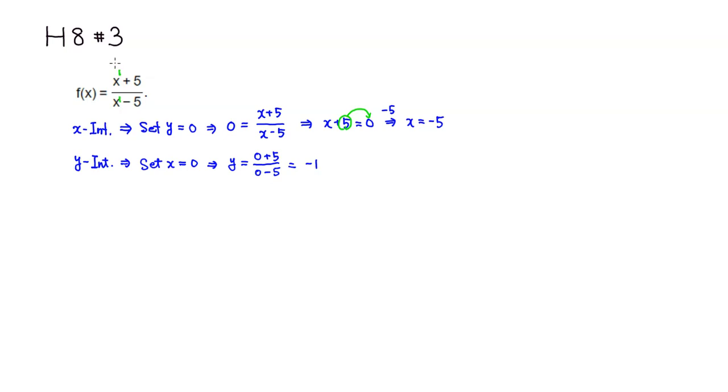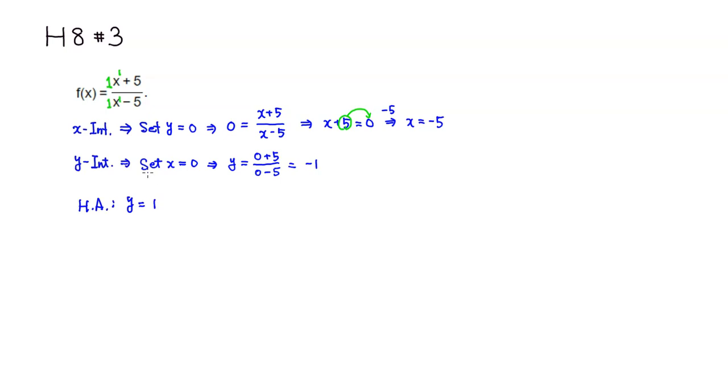When the degrees on top and bottom are the same, we look at the leading coefficients. The leading coefficient on top is 1, and on the bottom it is 1 as well. So y equals 1 over 1, which is y equals 1. So the horizontal asymptote is y equals 1.